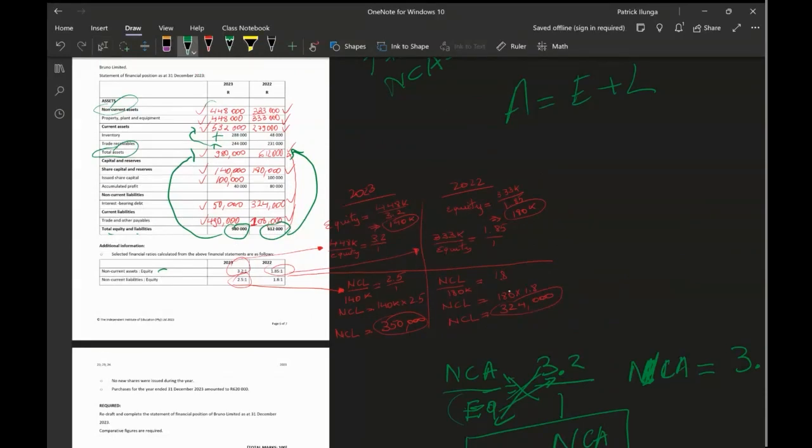So for 2023 we found this 140,000, and for 2022 we found this 180,000. What was missing here was the issued share capital. So if we have 140, then 140 minus this accumulated profit of 40,000 gives us this 100,000. Easy.